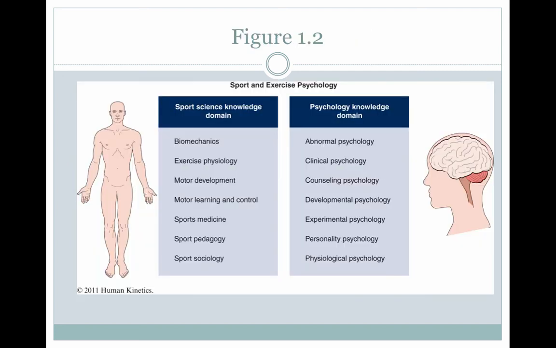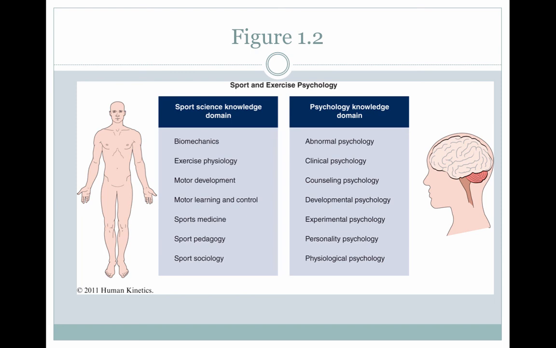Now this is figure 1.2. It's trying to lay out the idea that sport and exercise psychology is a blending of a lot of fields. Often a sports psych specialist is exposed to a lot of sports science knowledge domains. We're talking exercise physiology, biomechanics, motor development, motor learning, pedagogy, all of these different elements.